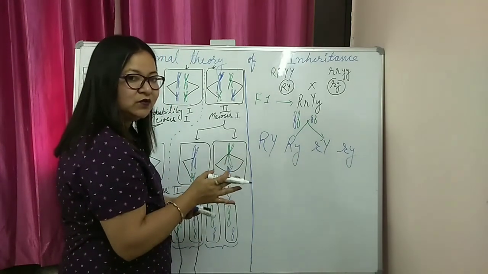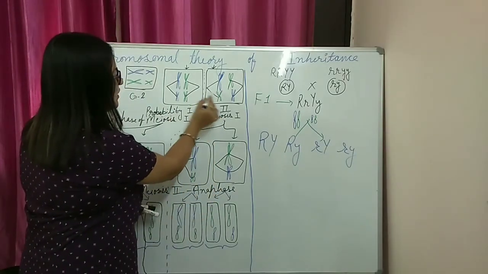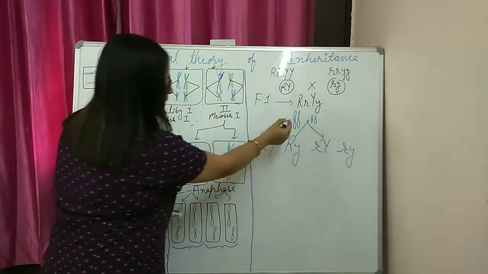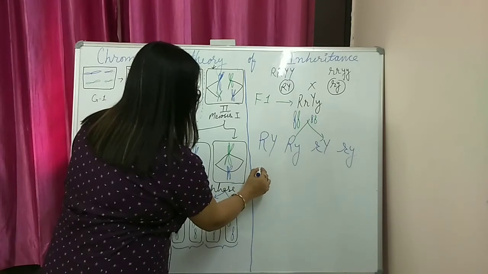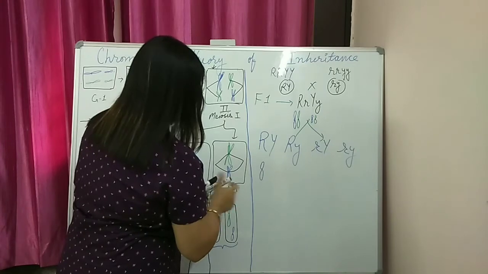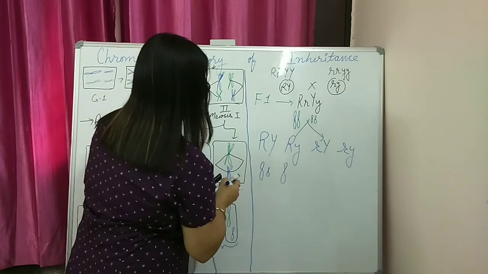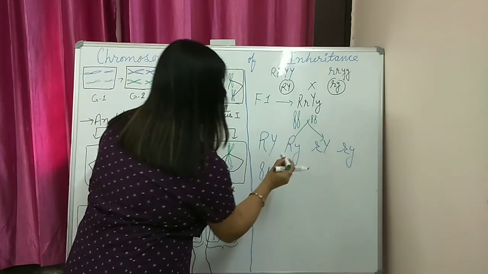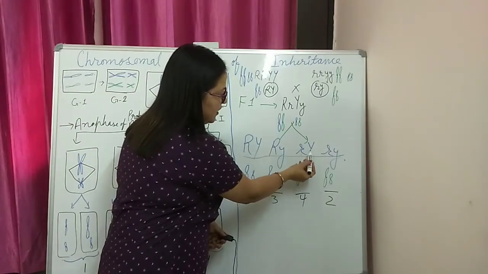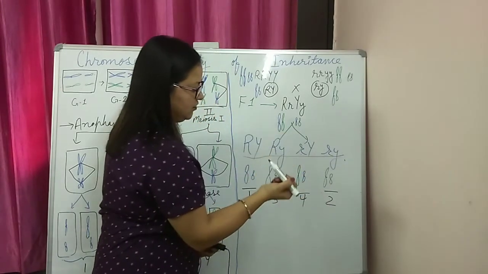This is due to the independent assortment or independent segregation of these homologous chromosomes, as I have shown in this diagram. How? Again you can draw the same symbols: for capital R a bigger one, for capital Y the smaller one; capital R again bigger, for small y the smaller one; for small r the bigger one with capital Y, and for small r small y this will be the combination of chromosomes.